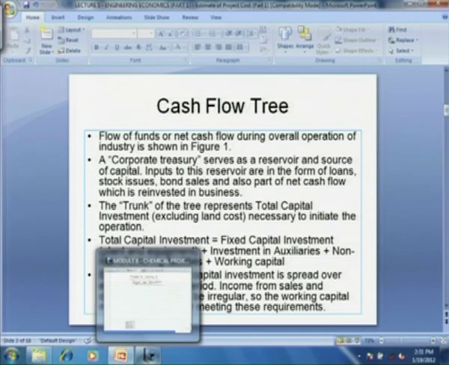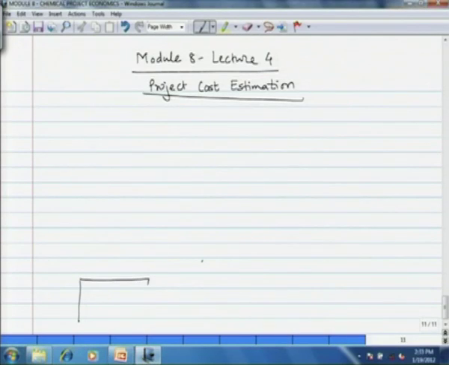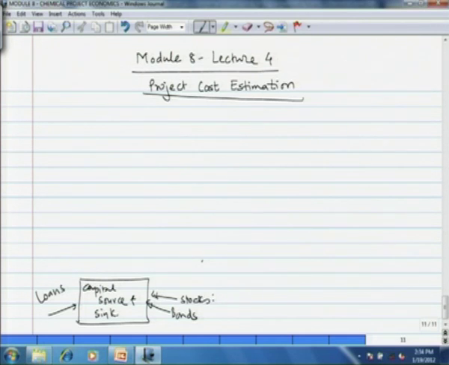So, let us draw that trunk. The root, the reservoir, corporate reservoir, inputs to this are in the form of loan, bonds, stocks, preferred stocks, so on and so forth. Then the stem of the tree has three stems.